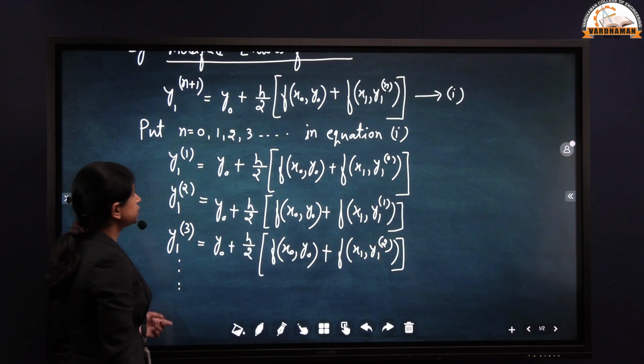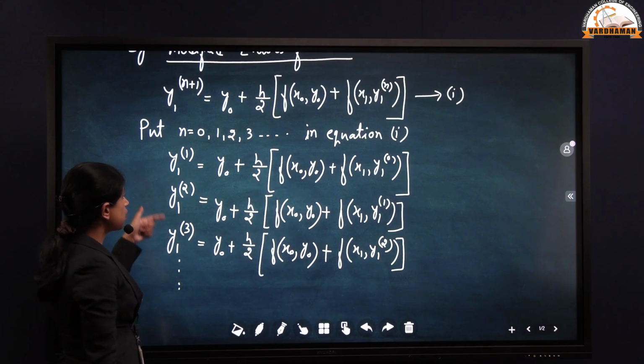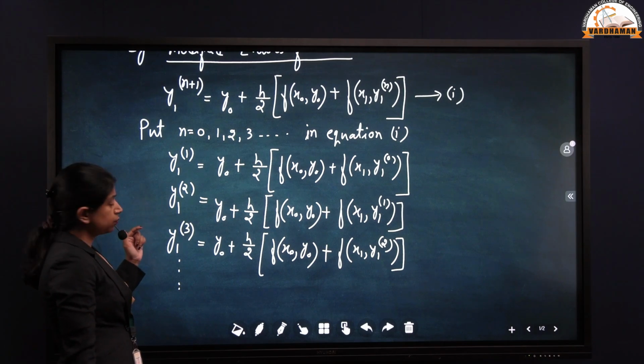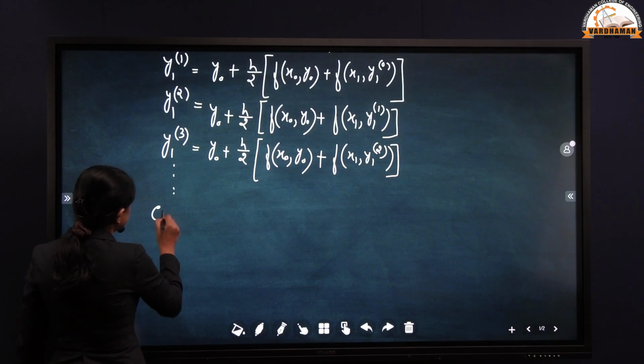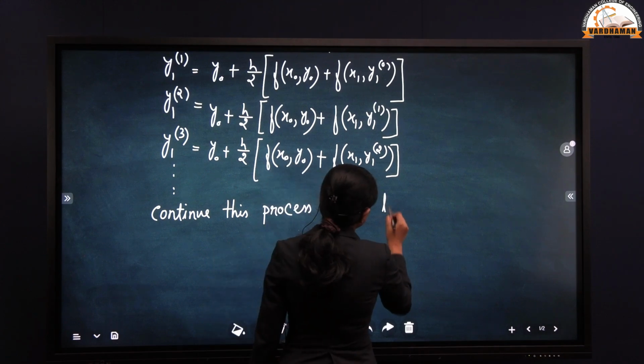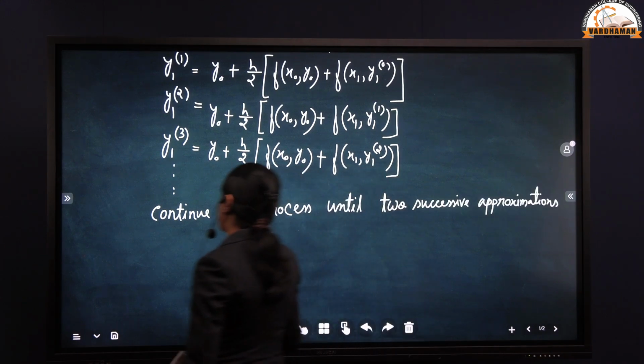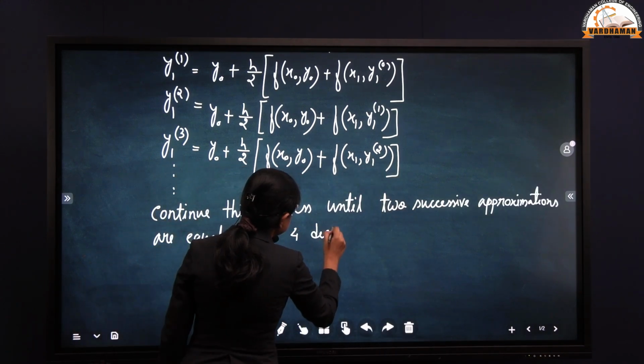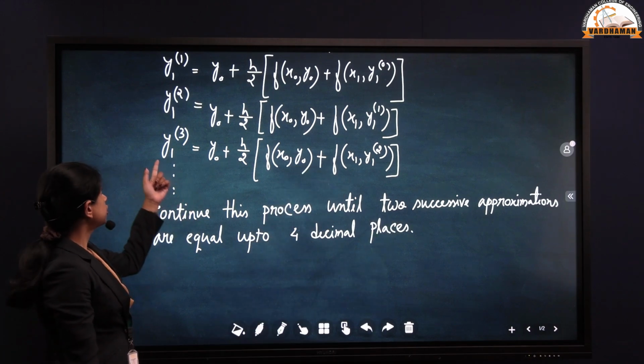We will continue this process until two successive approximations are equal up to 4 decimal places. So this is for y1.